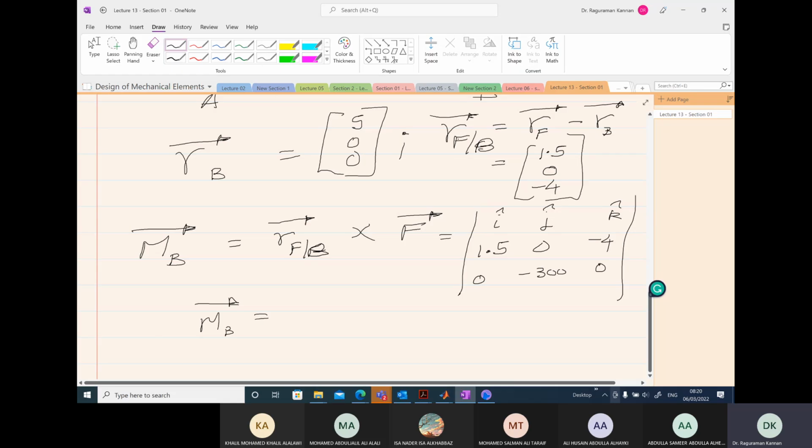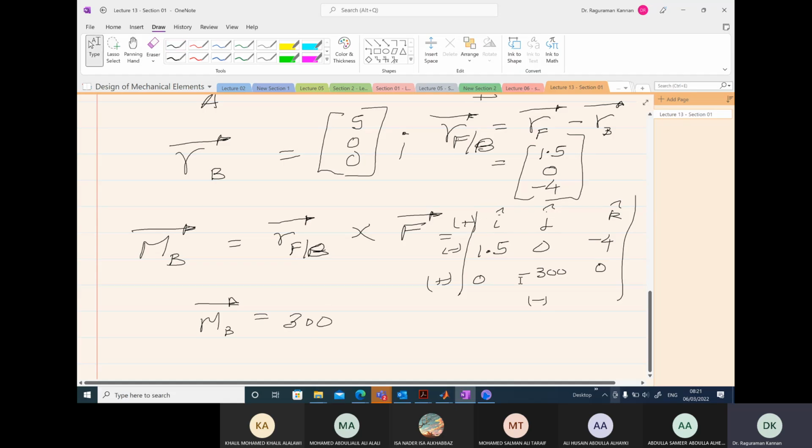So we will get the results here. Take the last row in the second column, eliminate. Yeah, plus, minus, plus, and minus. So minus of minus 300 becomes plus 300.